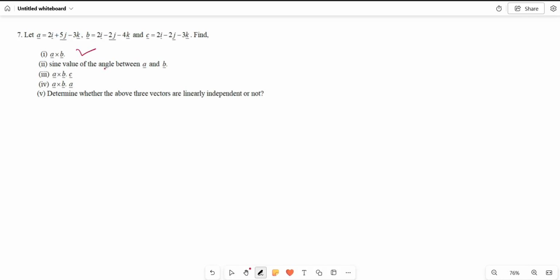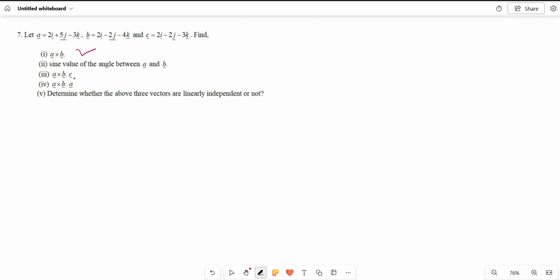We know how to get this cross product, and the second part is asking about the sine value of the angle between A and B. In the previous question it was asked about the cos value. Now the cos value comes from the dot product, and the sine value comes from the cross product.